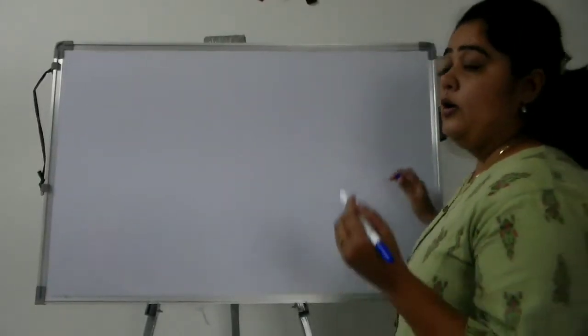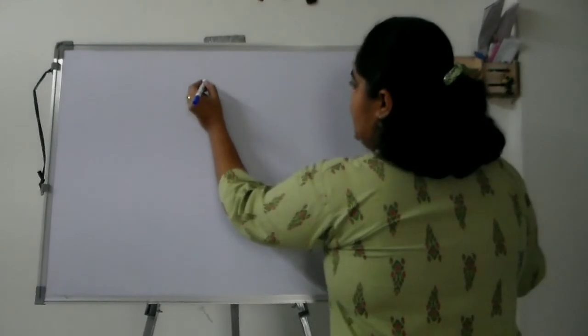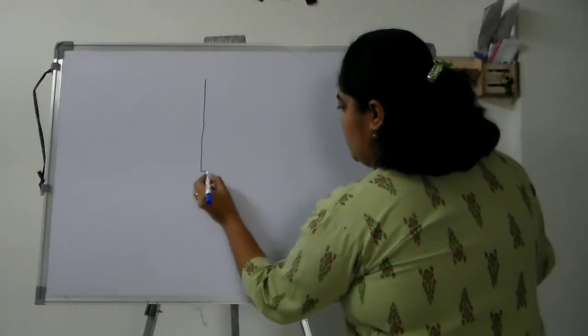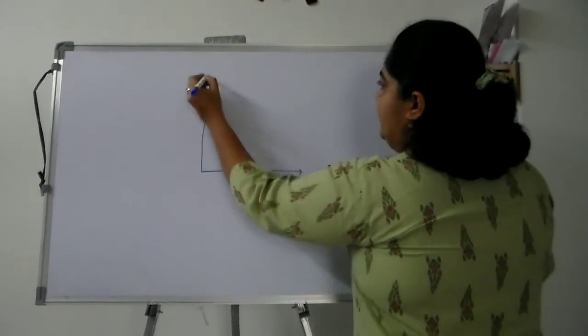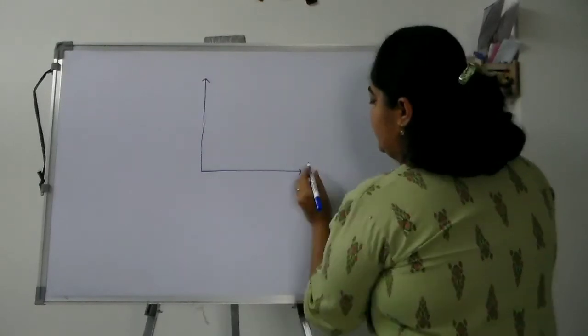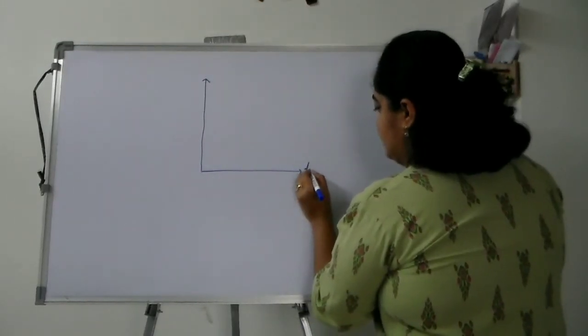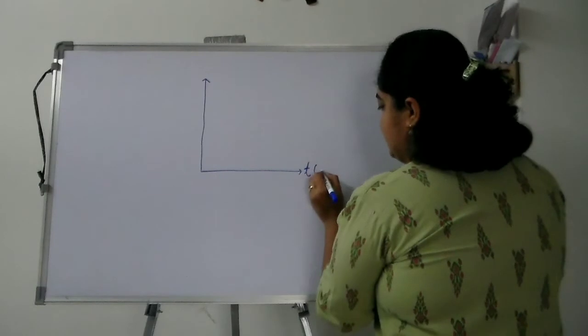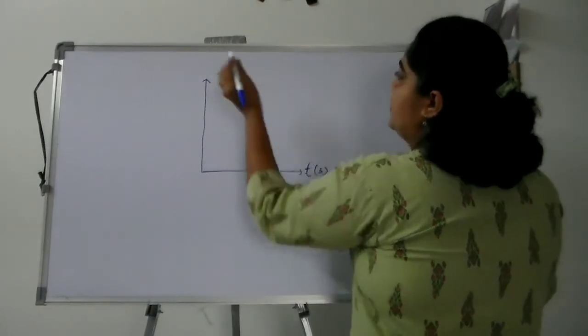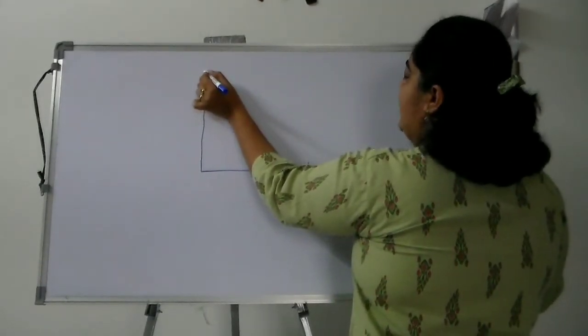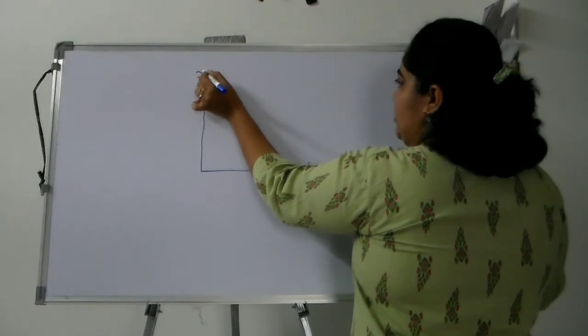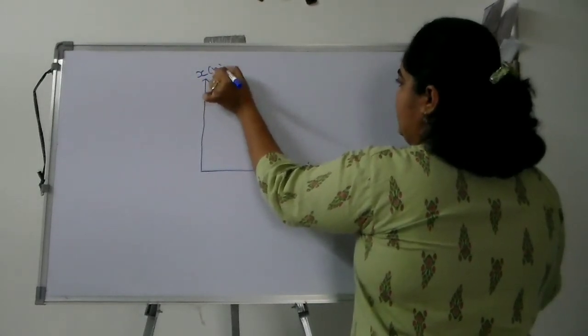So now what we are going to study is what happens when time t is very, very small. Let us take this example. Say on x-axis we have time in seconds, and on y-axis we have displacement or distance in meter.